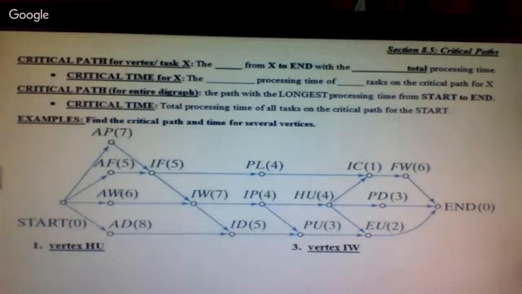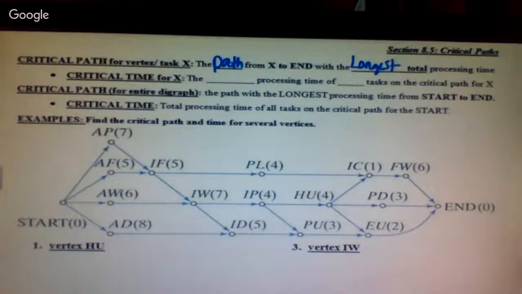We have been looking for the optimal scheduling time. The way we do that with critical path, though, okay, so we're looking for the path from some point X to the end with the longest total processing time.